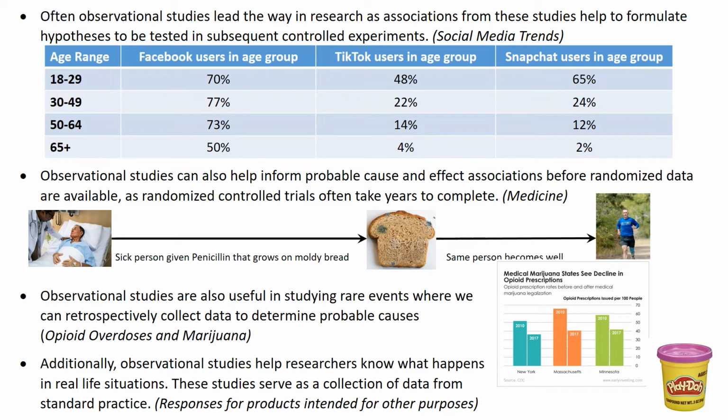It also helps us look at just observing for real life situations. I got a picture of Play-Doh here. And the reason I show Play-Doh here is about 100 years ago also, most people did not have electric or gas HVAC systems. They had coal. That coal creates soot everywhere.